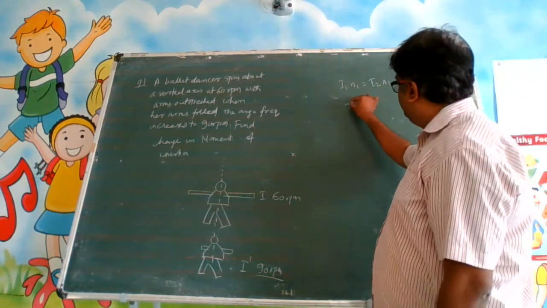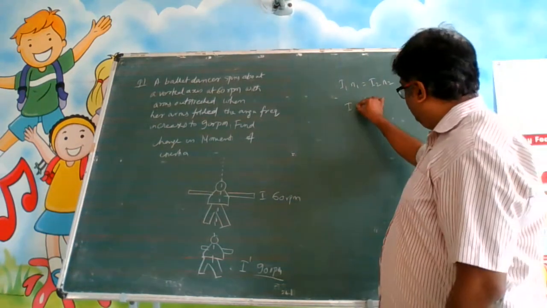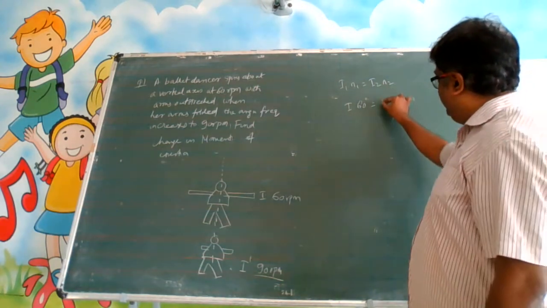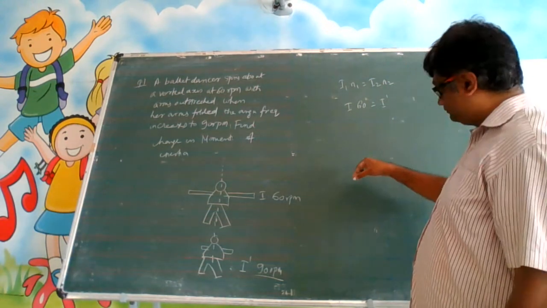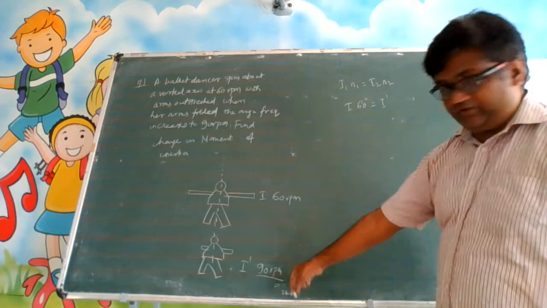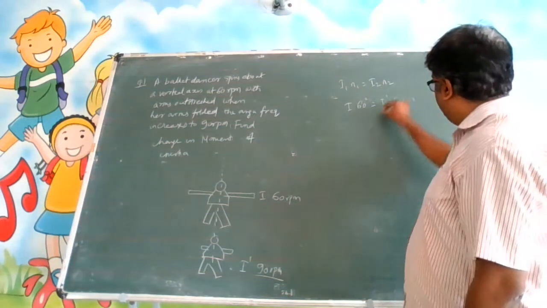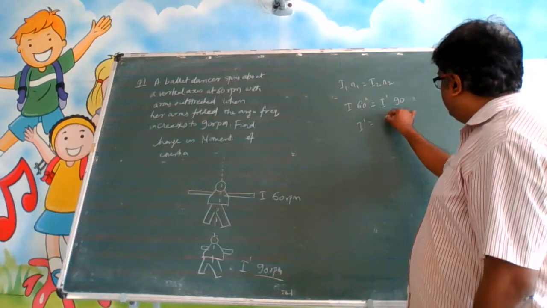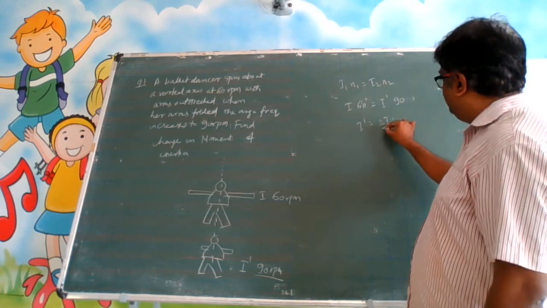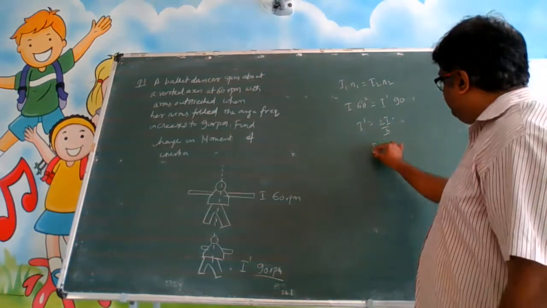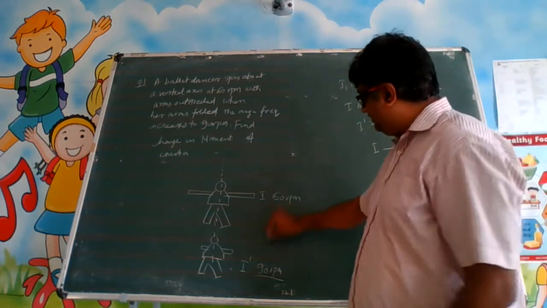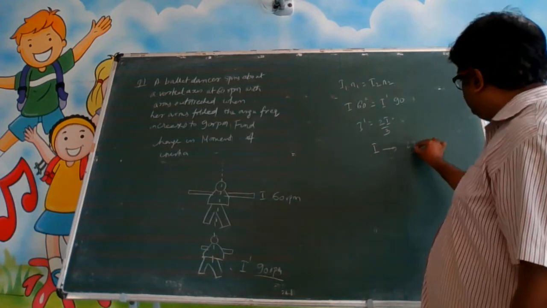What is I1? It is I. What is N1? It is 60. What is I2? It is I dash. What is frequency? 90. So you get I dash equal to I into 60 by 90, which is 2 by 3. That means the original I became 2I by 3.